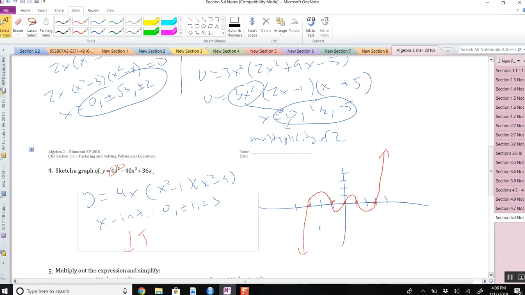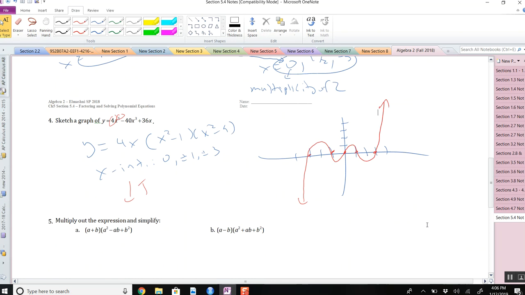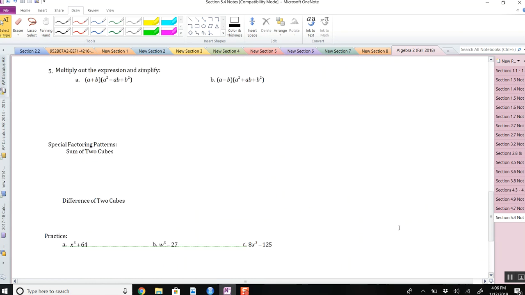That's because that requires some calculus, which we won't worry about until a couple years from now. Multiplying stuff out, we did in 5.3. That's like 5.3 review. But you can see why we're going to do this when we get to this stuff down here. So if I were to distribute the A to each of those three terms, distribute the B to each of those three terms, you're going to wind up getting this: A cubed minus A squared B plus AB squared plus A squared B minus AB squared plus B cubed.